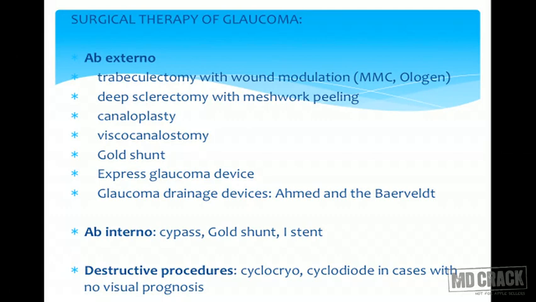Ab interno treatments under investigation are the CyPass, the gold shunt, and the eye stents, which are implanted from inside the anterior chamber and hence called ab interno, whereas all the other surgeries are approached from outside, hence called ab externo. Cyclodestructive procedures have a limited role, like cyclocryo or cyclodiode, in cases where there is very poor or no visual prognosis and you have to treat a painful blind eye.